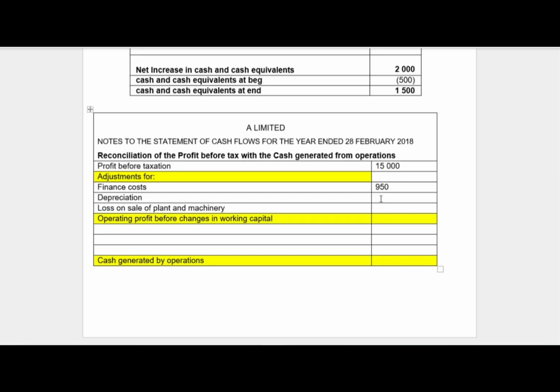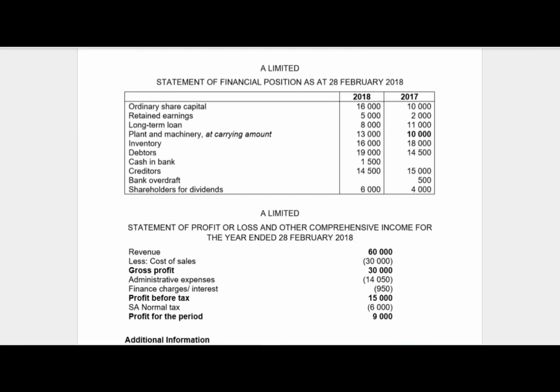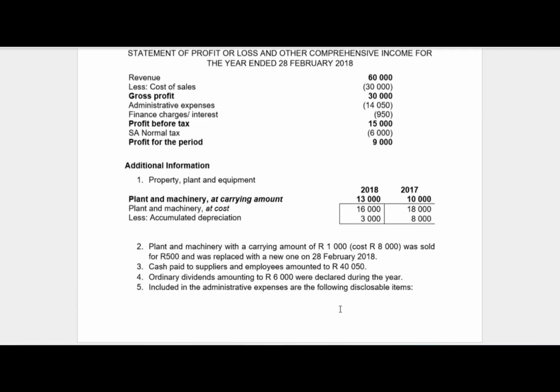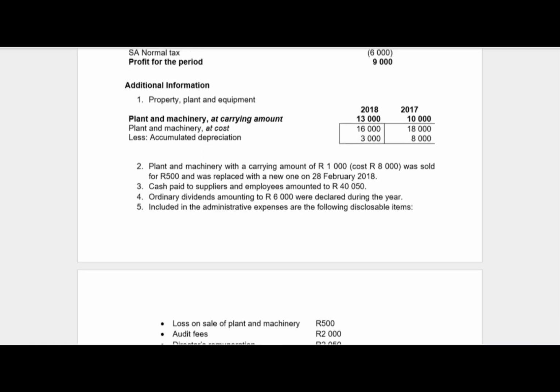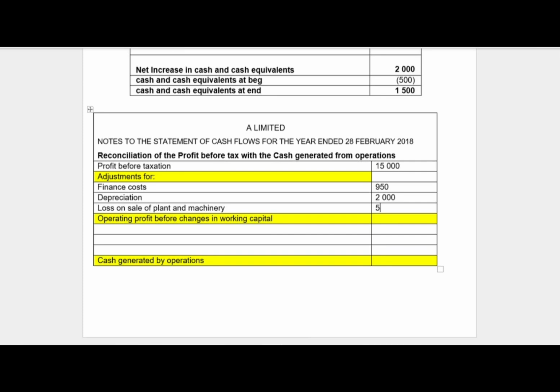All right, and then we get here depreciation 2,000, we add, and then loss on sale of plant and machinery was also provided. Remember, it was 500, not 5,000. Transaction number 5, loss on sale of plant and machinery 500. So we're just going to take that and put it right there, 500.